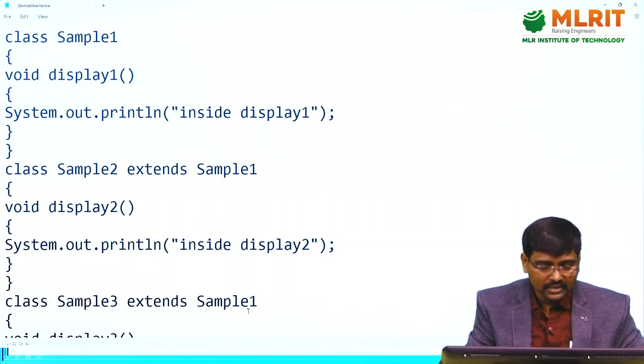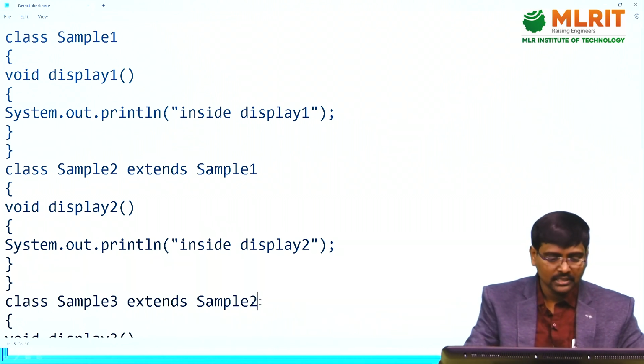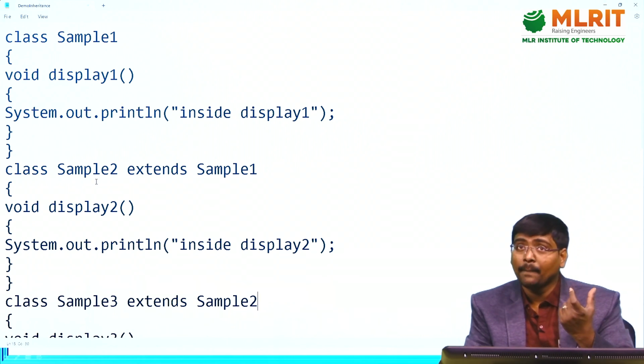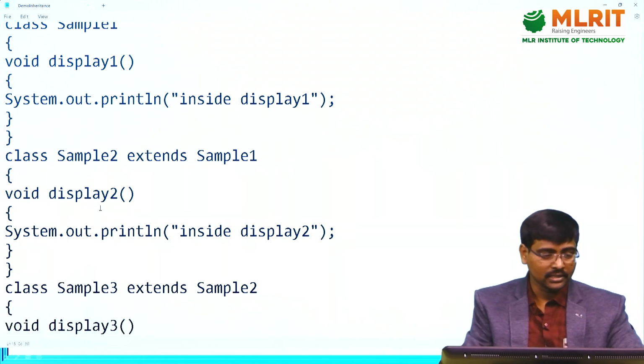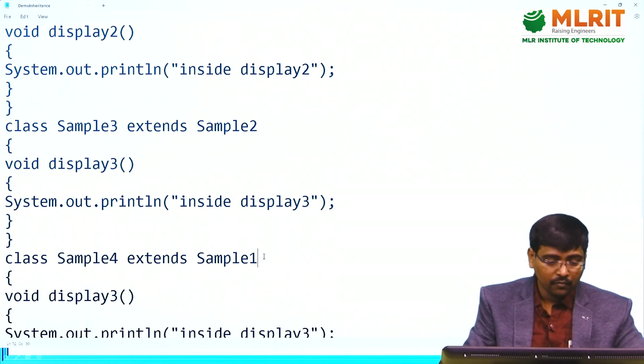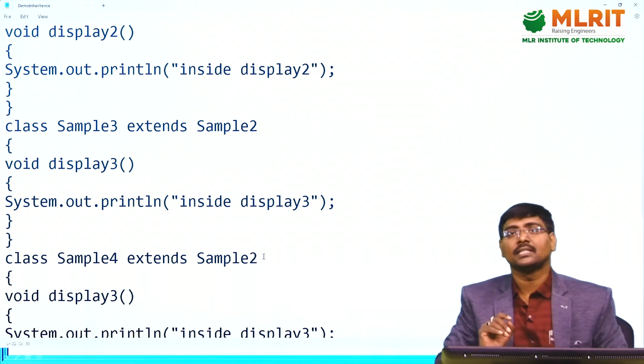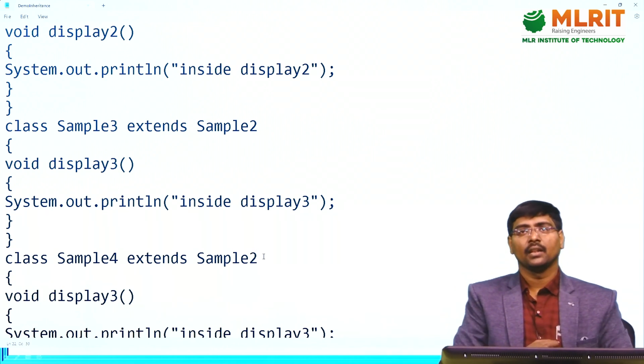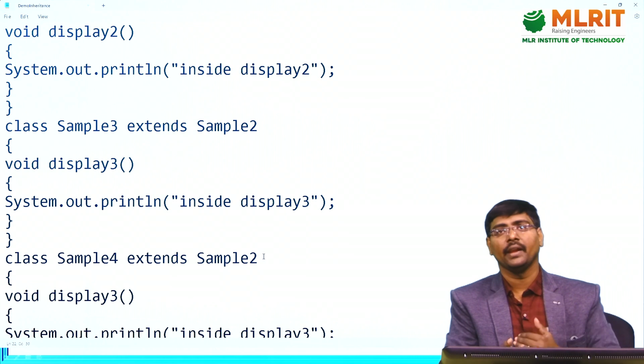Now create sample3, extending sample2. From sample1 and sample2, what happened? Single inheritance. Now sample3 extends sample2, and sample4 also extends sample2, which is hierarchical. So we are combining single and hierarchical.